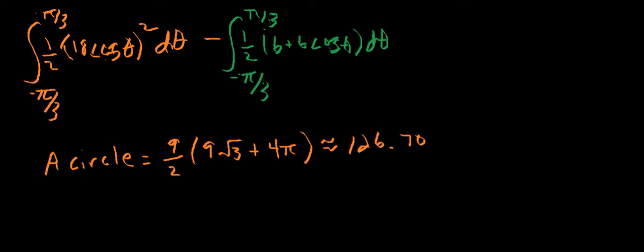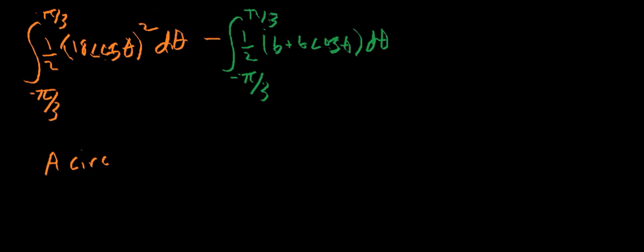Now for the area of the cardioid. Oh, I'm sorry, I got that mixed up. That was actually the area of the cardioid. Let me go back a couple. That's actually the area of the cardioid, which I just wrote out, so let's change that.